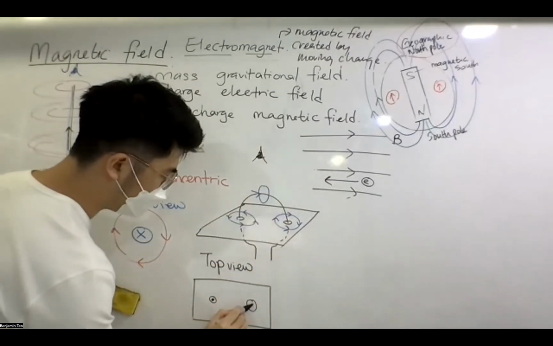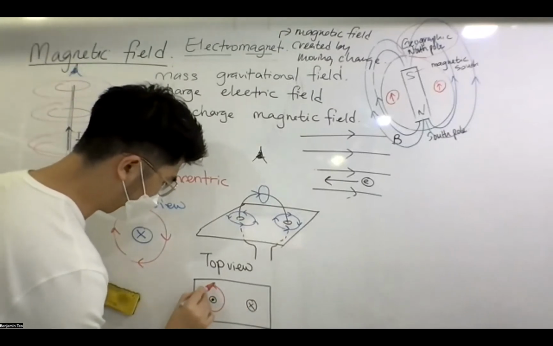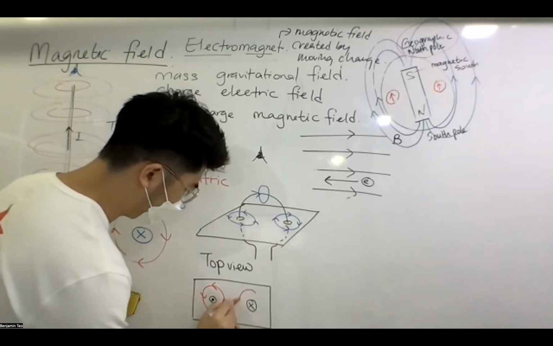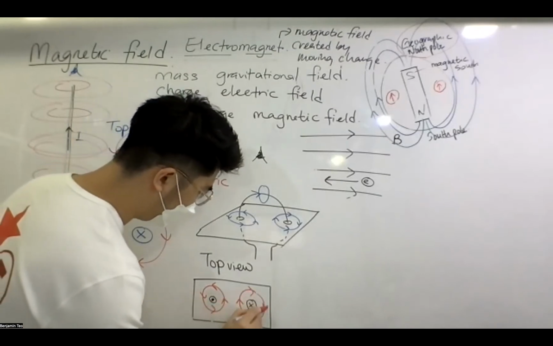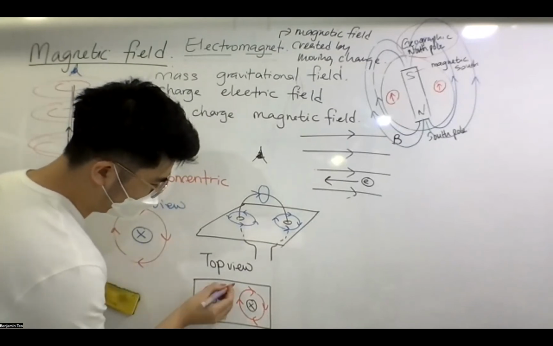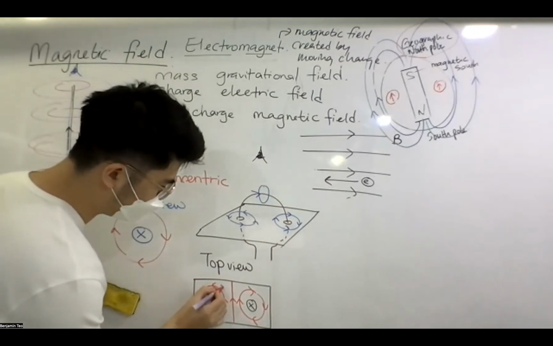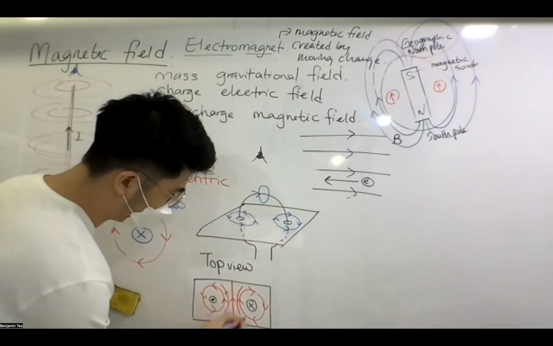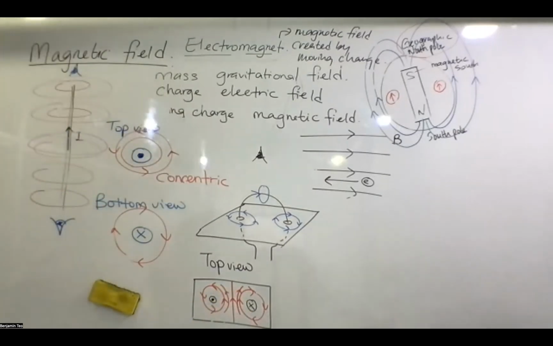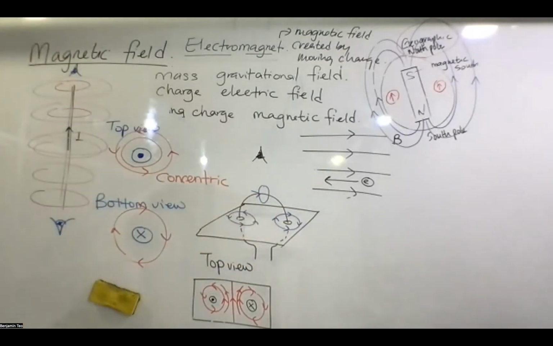This is an X like this. Then in the middle, we will draw a straight line like this, and one more curve like this. This is the top view. This is the 3D isometric view.